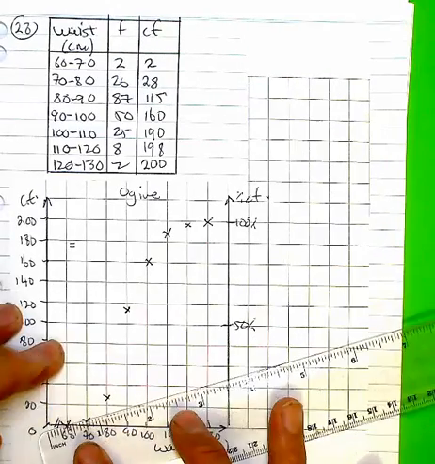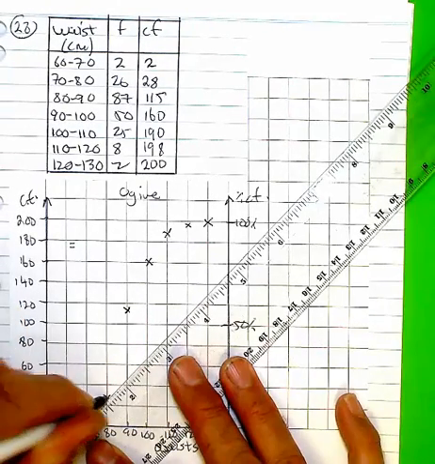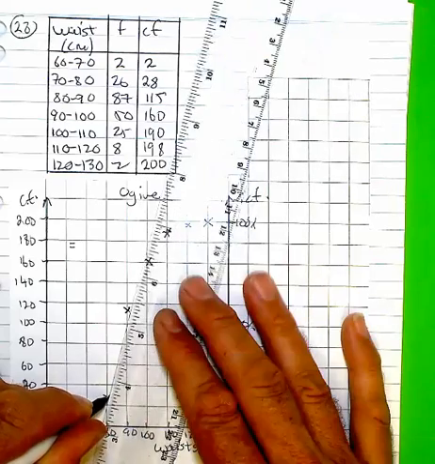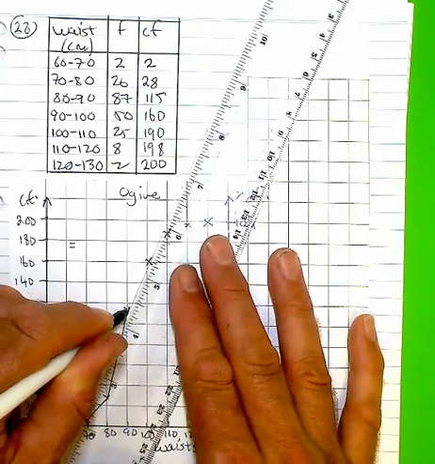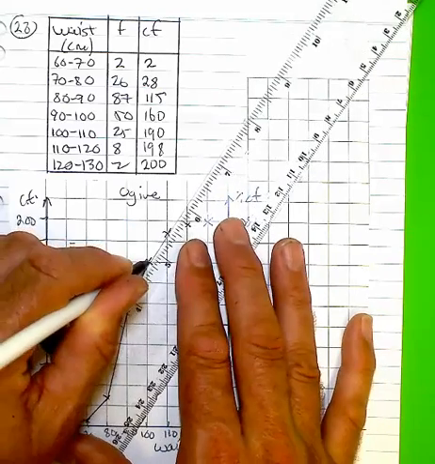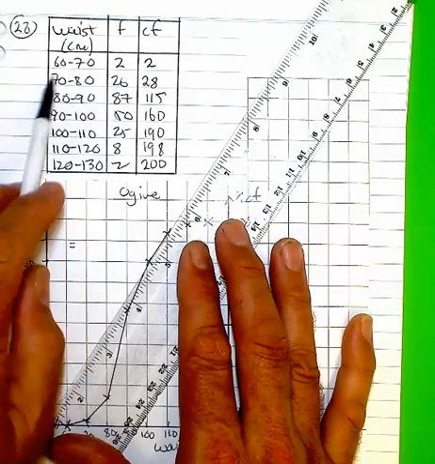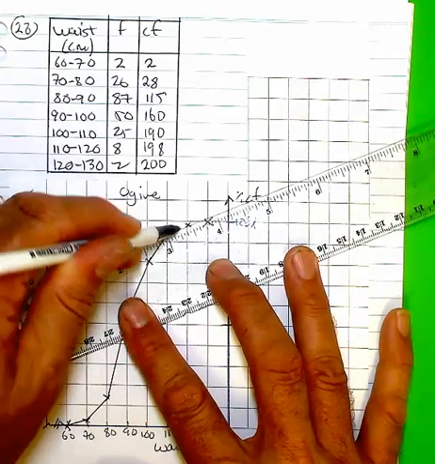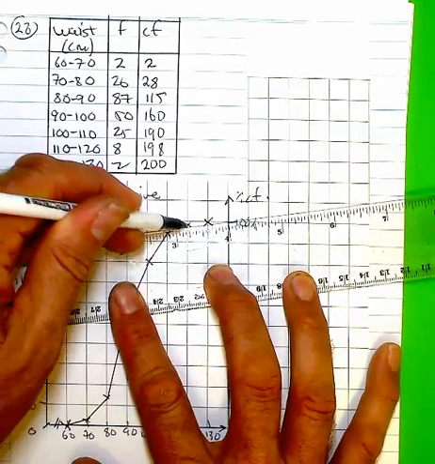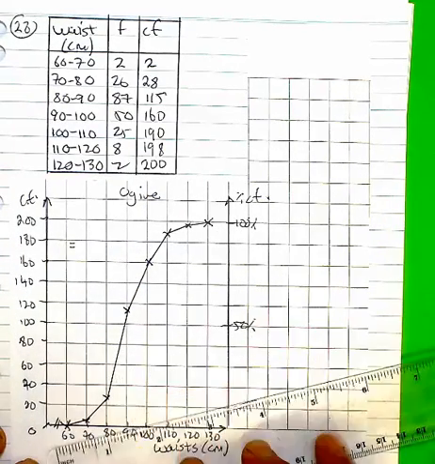And then join them up, producing the ogive. Please notice this is an estimation. An ogive shows summary statistics in a nice visual manner, but you don't have the distribution within these particular groups. So a lot of information about the data isn't there, but still a nice visual presentation.